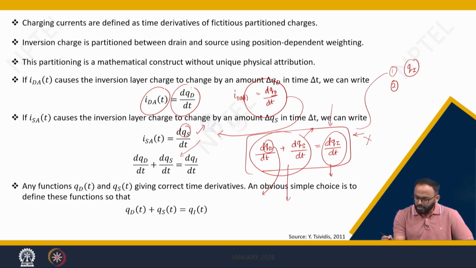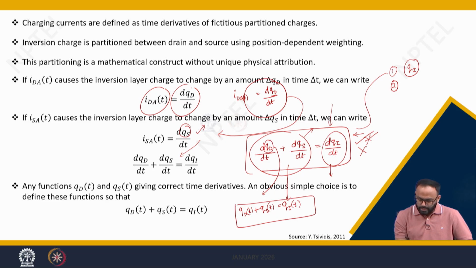So, because of these two reasons, this equation is not accurate. However, for a first hand calculation and understanding the quasi-static phenomena, we can consider this equation to hold good to some extent. Following this, we can simply rewrite it as dQd/dt plus dQs/dt is equal to dQi/dt.